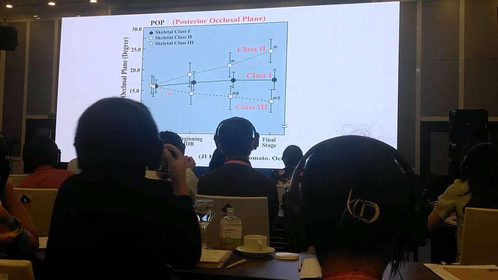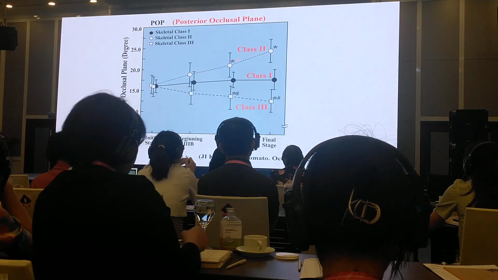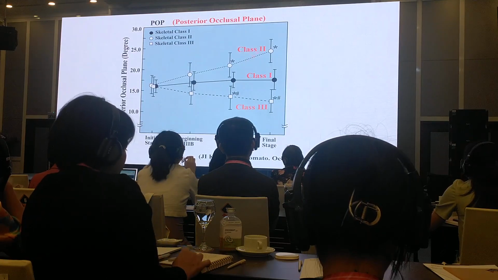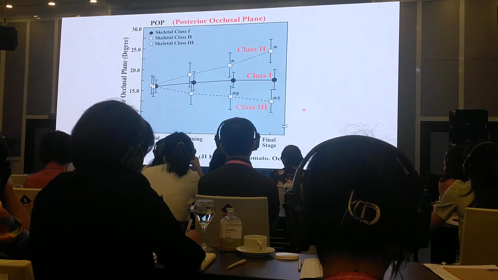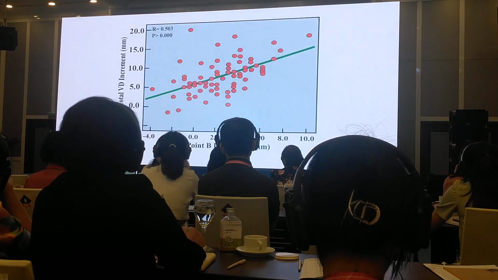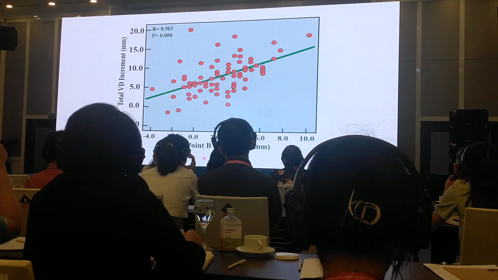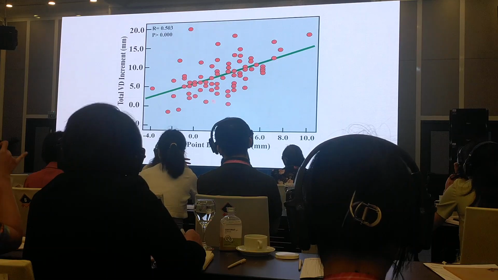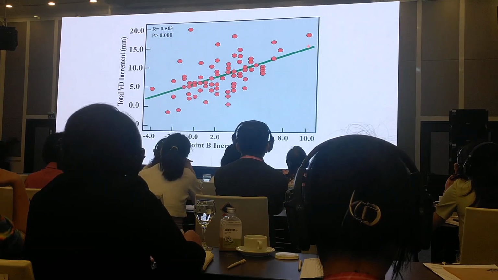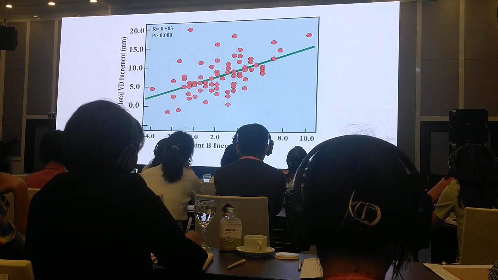But slowly, class 2 people make a more and more steep posterior occlusal plane, and class 3 improves the occlusal plane. Therefore, total vertical dimension increases, and the mandible adapts to a forward position. This is a very nicely correlated vertical dimension and mandible adaptation forward. Okay?